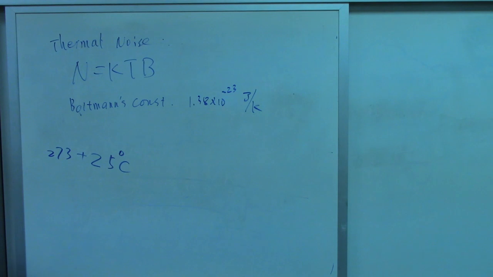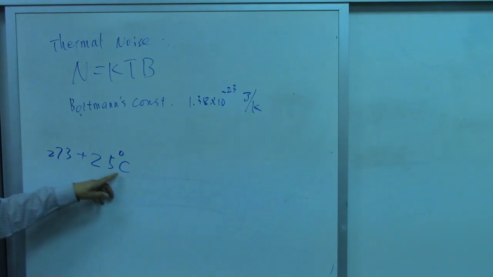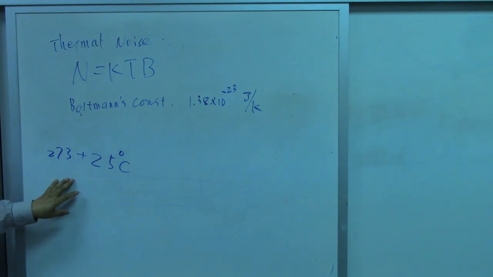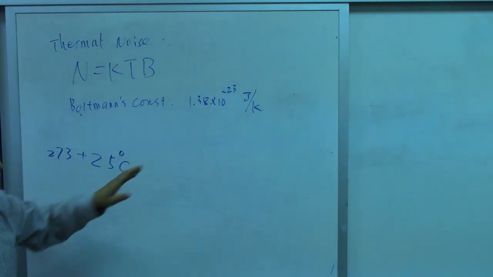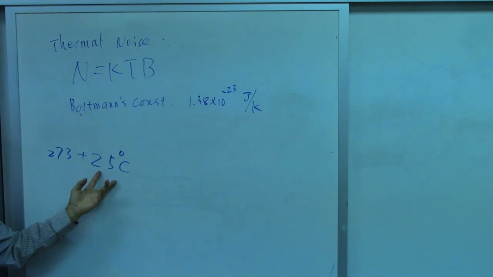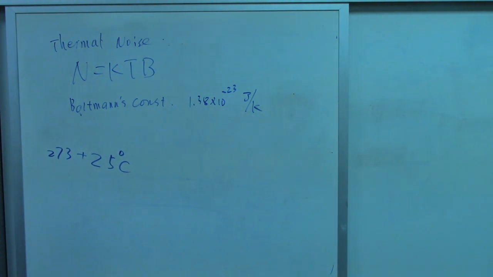So every time you use the Celsius temperature, then plus 273, and we convert into Kelvin. Don't use the Fahrenheit, right? We have made mistakes with this before. Is this uncorrelated noise? Yes, this is just thermal noise. It's correlated, because if you have a system, you always have this thermal noise.